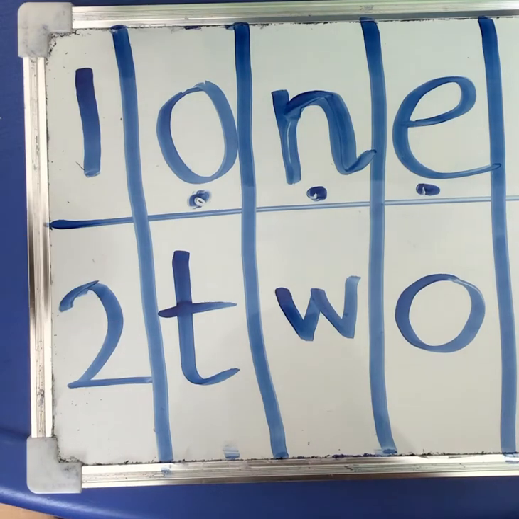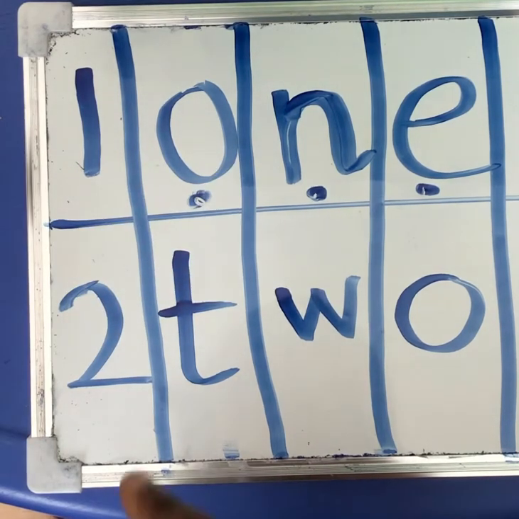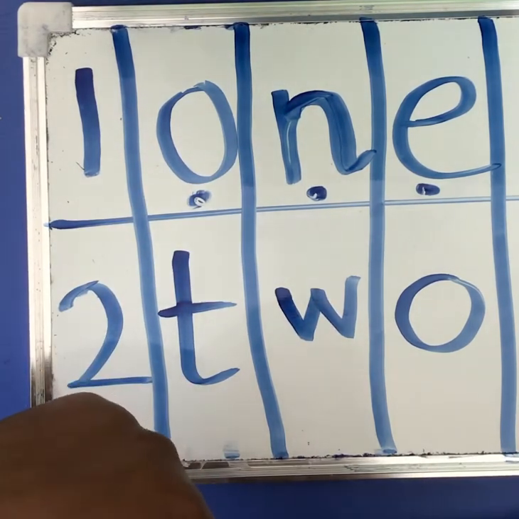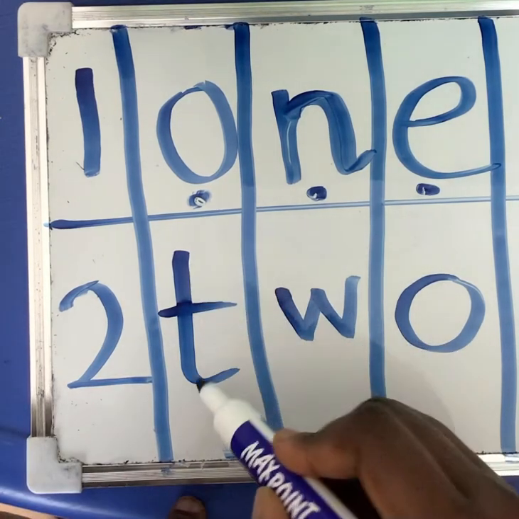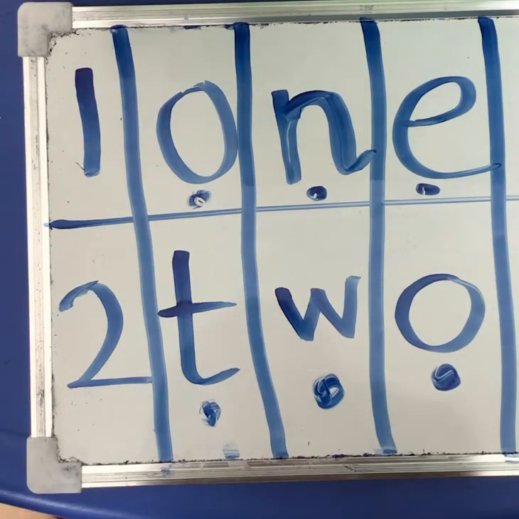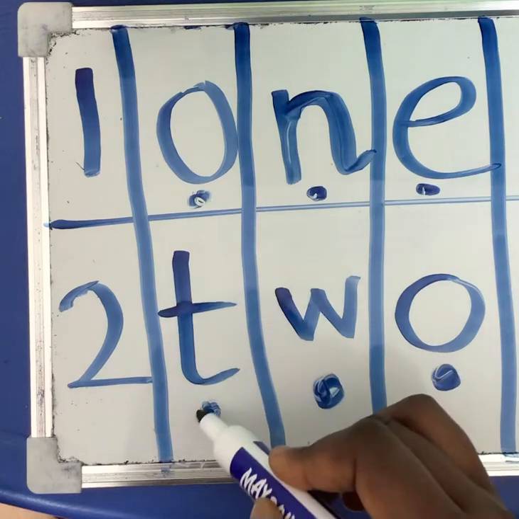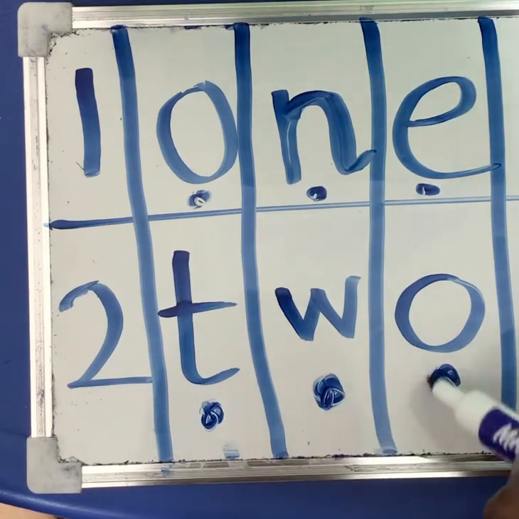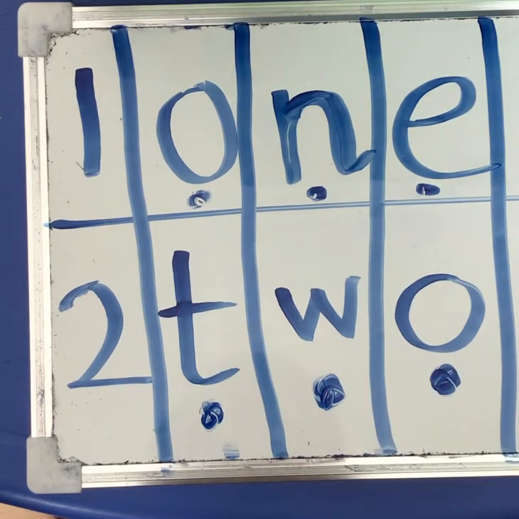No. If we say T, W, O, we cannot blend these words to be able to read it. So it is a sight word, so we are going to learn how to write it using the letter names. T, W, O, 2. One more time. T, W, O, 2. Good job.